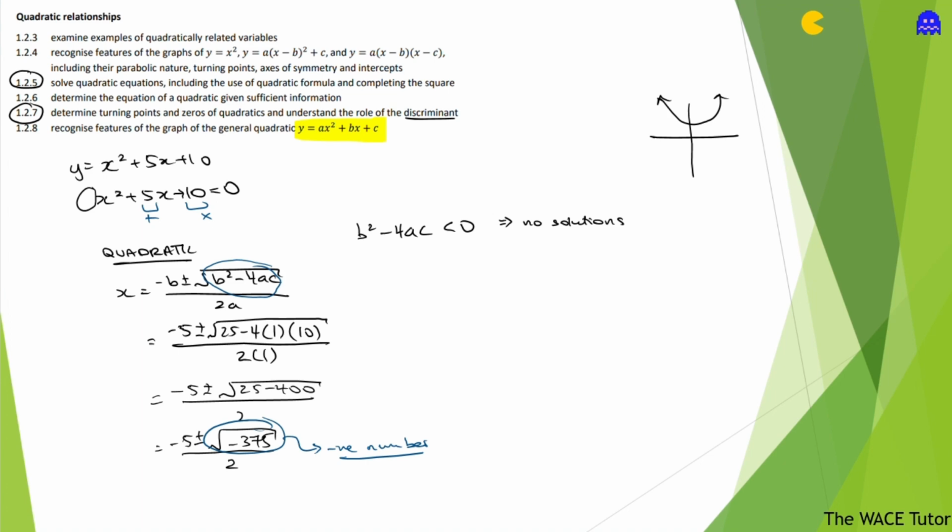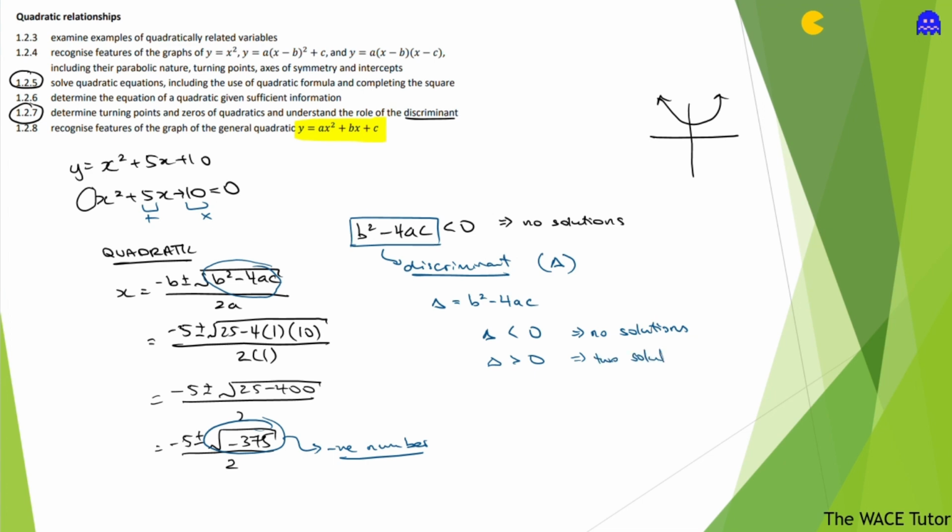So there's that. And this section here, the name for this is the discriminant. And that is a really important piece of terminology. It's also given the sign of this triangle. So your discriminant is equal to b squared minus 4ac. And if your discriminant is less than 0, that implies no solutions. And as we saw in the previous examples, if it's greater than 0, we have two solutions, like in that previous example.